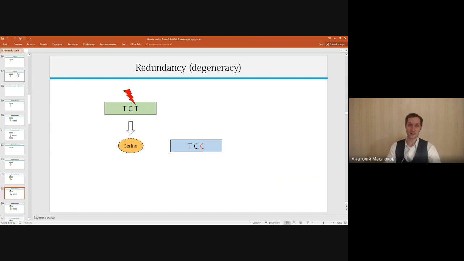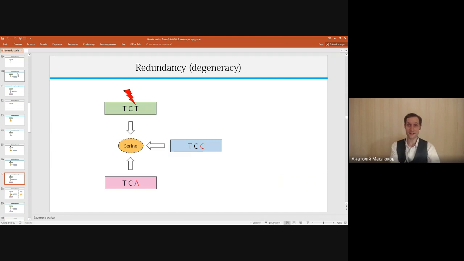And due to redundancy or degeneracy of genetic code, when several triplets can encode the same amino acid, the next triplet, thymine, cytosine, cytosine, is actually also responsible for serine. Another example is when the last thymine, due to mutation, is changed to adenine. And according to the vocabulary of genetic code, the triplet thymine, cytosine, adenine is also responsible for serine.